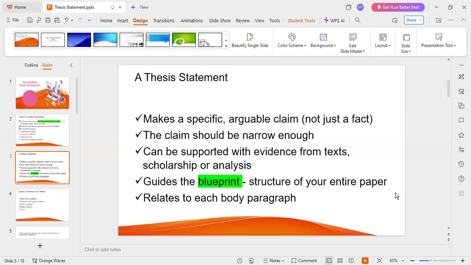Because when you start with the thesis statement, it should relate to each body paragraph. So that means each body paragraph should advance or support one aspect of your thesis statement, right? So that is very important.